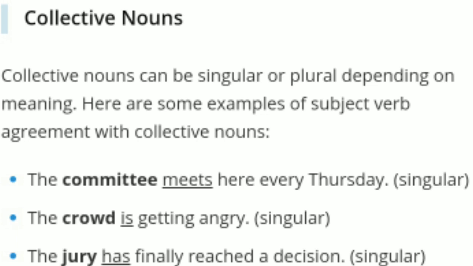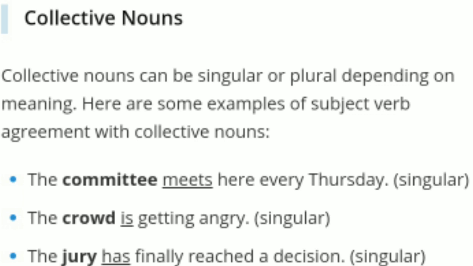And also, you could find collective nouns. What are collective nouns? A collective noun is a word that counts as one, even when the subject is more than one. For example, the committee meets here every Thursday. The committee is made up of more than one person, but they count as one.